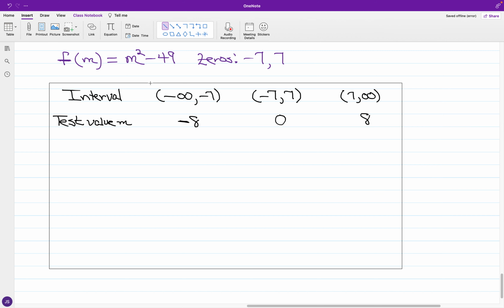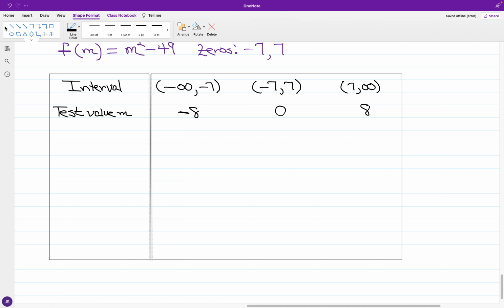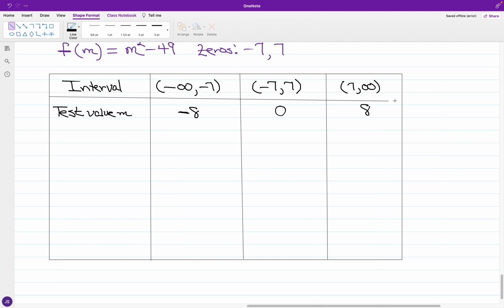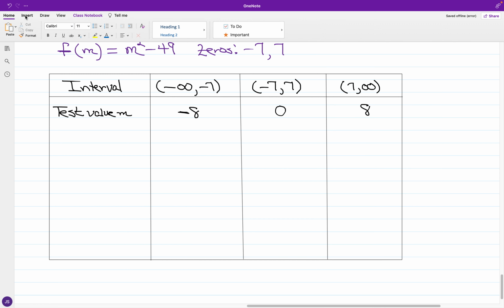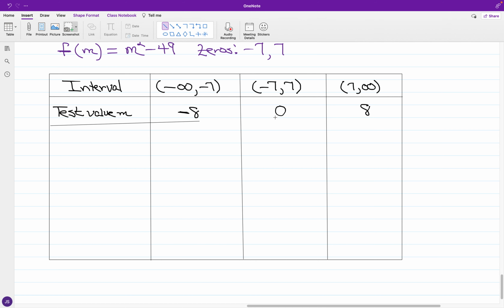Again, just separating the rows and the columns. So we have negative 8, 0, and 8 selected as input values to which I can apply the function.